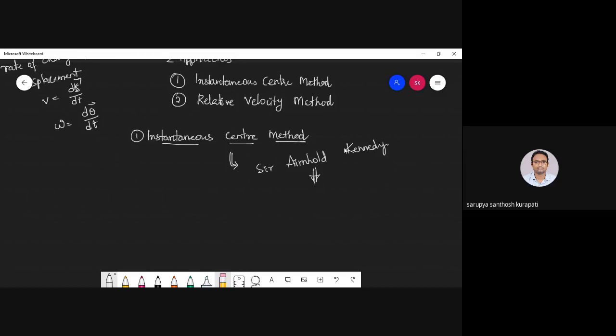In the year 1872, Aronhold, a German scientist, and Kennedy, from England, at the age of 21 demonstrated this particular instantaneous center method. What exactly did they demonstrate?